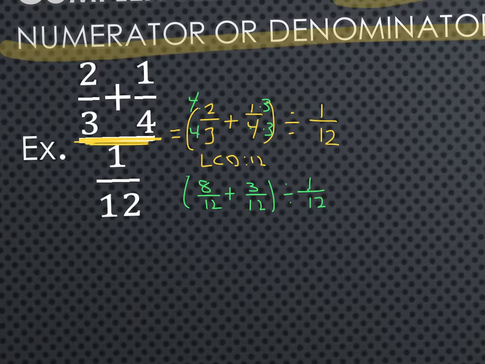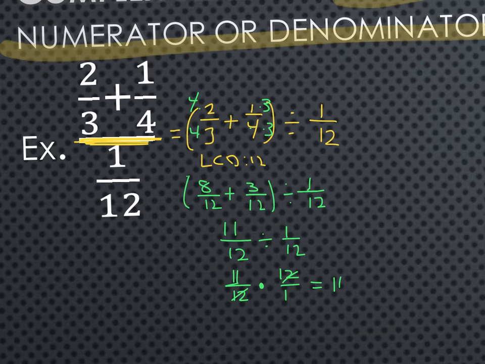Okay, now I'm going to write that as one fraction, that is 11/12 divided by 1/12. And remember what we did, 11/12 remains untouched, the division becomes multiplication, and we invert the second fraction. And notice the 12s cancel, and our answer is 11, and that's it.